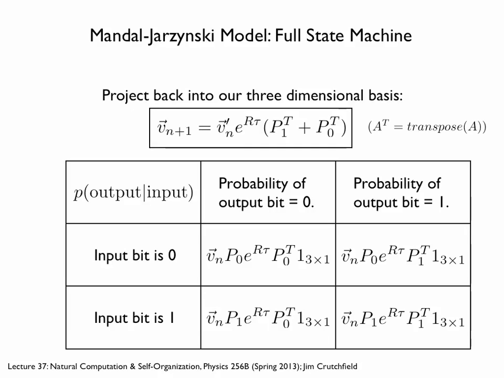So we have, for instance, if the input bit is 0, the probability that the output bit is 0 is our current state times the projection onto 0 with some fluctuation, then projected back onto the 0 states, then summed up by operating on the column of all ones. Same idea for all these others, where the first projection corresponds to the input and the second projection corresponds to the output.